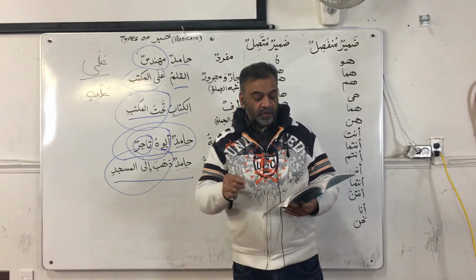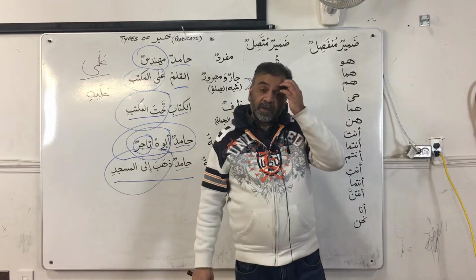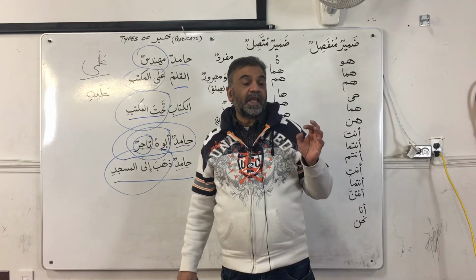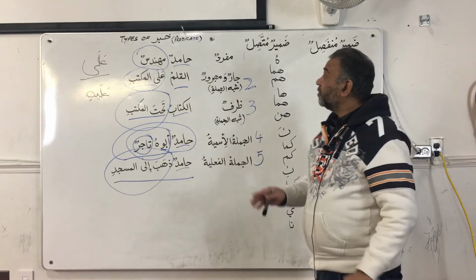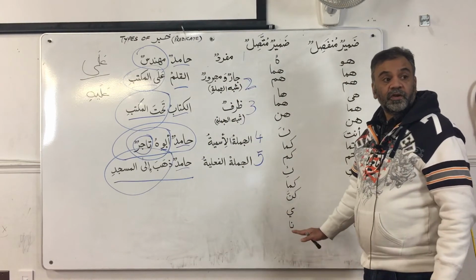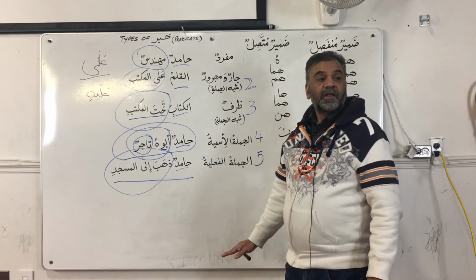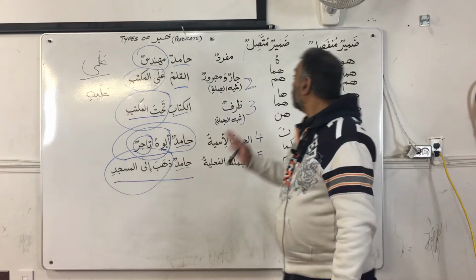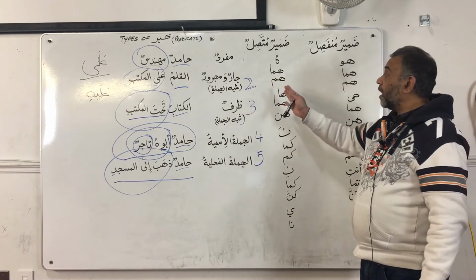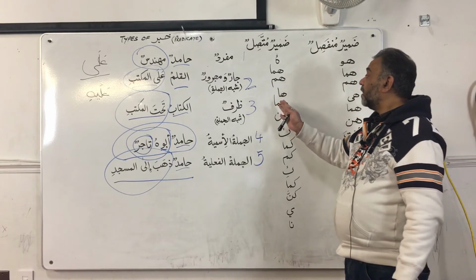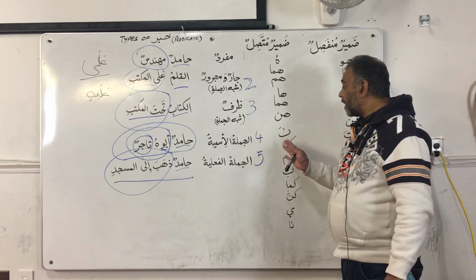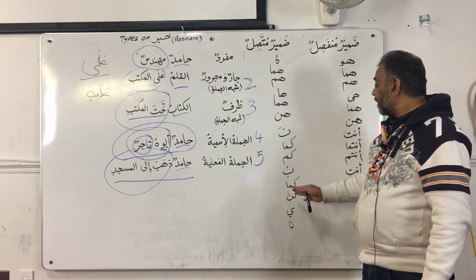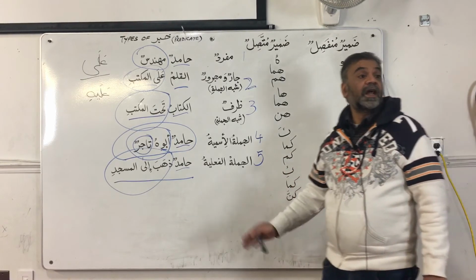Li, laka, lahu, laha. Now, what is the harf jar? Harf jar is li, but when li joins with damirun muttasilun, then li becomes lahu, lahuma, lahum, laha, lahuma, lahunna, laka, lakuma, lakunna, laki, lakuma, lakunna, li and lana.